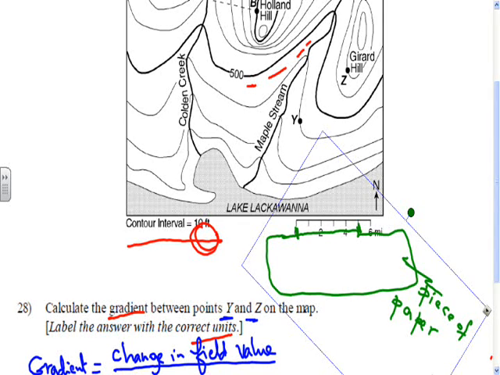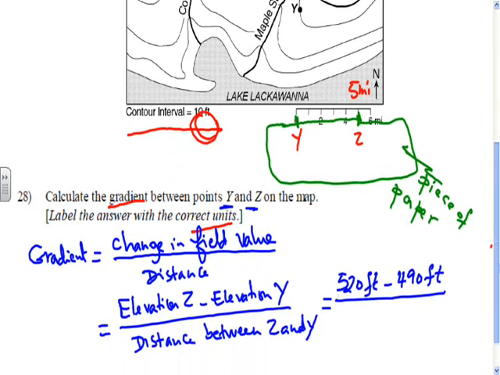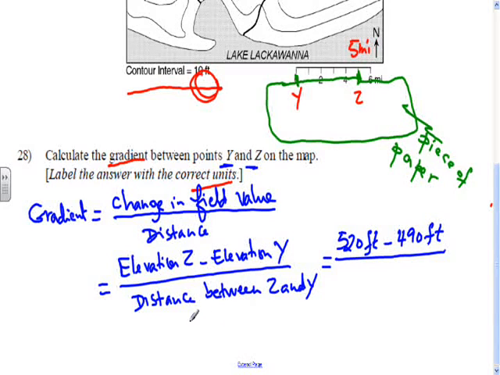So the distance from Y to Z is 5 miles. That's how we find the distance between 2 points. So let's now plot the distance between Z and Y: it's equal to 5 miles.